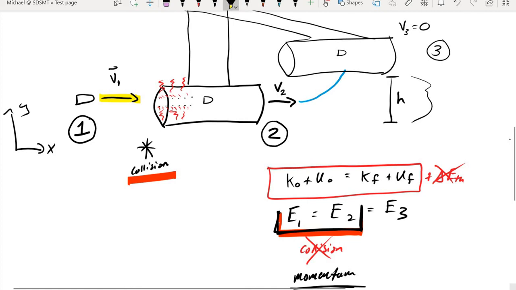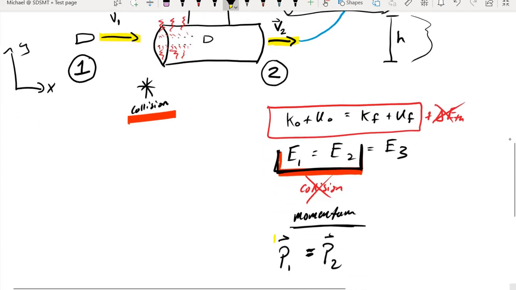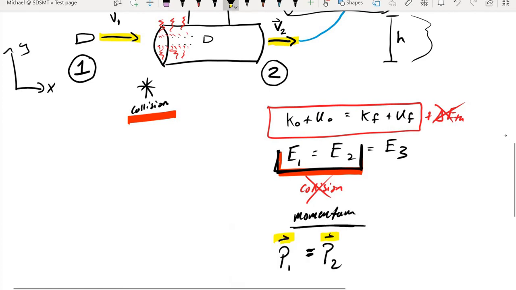And then immediately after the collision, the log with the bullet lodged in it has a velocity that carries it to the right. And so yes, we do in fact maintain a conservation of momentum. All we need to do is put together an equation now that describes what's happening.